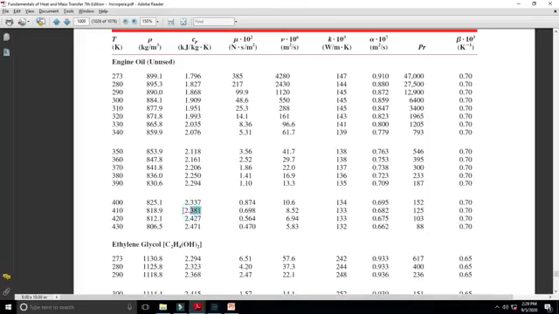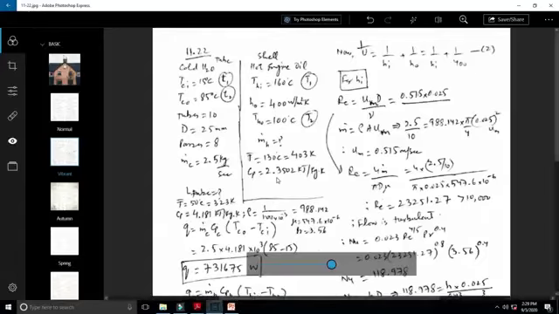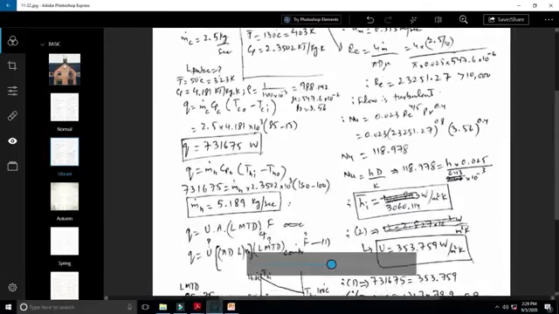So we will perform interpolation for a temperature difference of 3 Kelvin from 400 Kelvin. So it will come out to be 2.3502 kilojoules per kg per Kelvin, and we will put this value of 2.3502 over here so as to get the mass flow rate of the hot fluid.